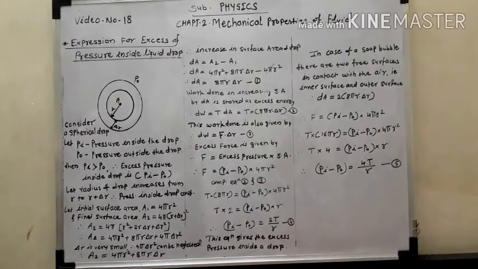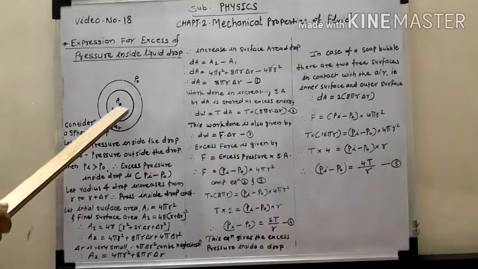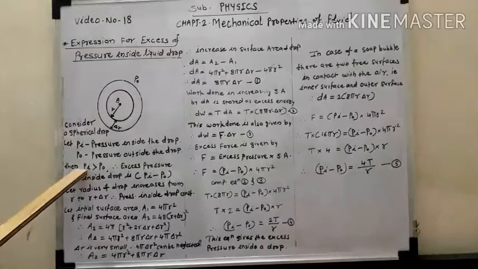Since the drop is spherical in shape, the pressure inside the drop is greater than PO, the pressure outside the spherical drop. That means Pi is greater than PO, so the excess pressure inside the drop is Pi minus PO.